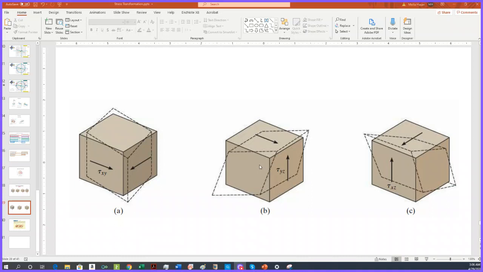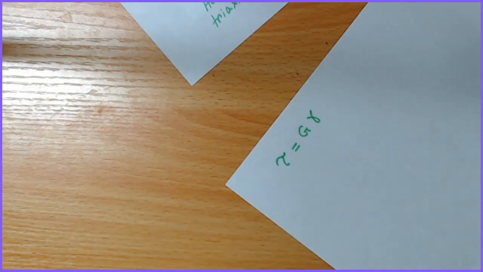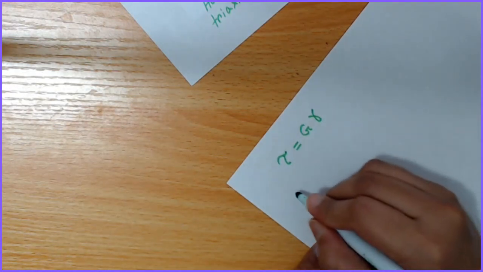Tau yz, it will be deformed like that, and tau xz is going to be deformed like that. So for these three different stress states, there are three different Hooke's laws that correlate shear stress and shear strain. So I'm going to write these three stress-strain relations.